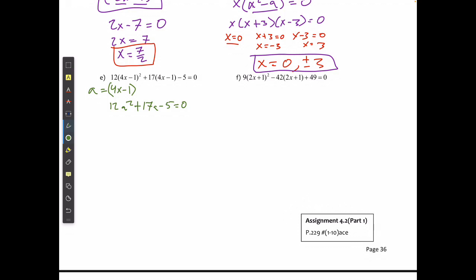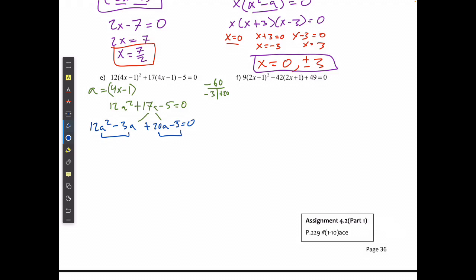At this point, I'm going to take 12 times negative 5 and get negative 60, and I need two factors of negative 60 that add up to 17, and those two factors are going to be negative 3 and positive 20. So I'm going to split up that middle term and continue factoring by decomposition. 12a squared minus 3a plus 20a minus 5 is equal to 0.